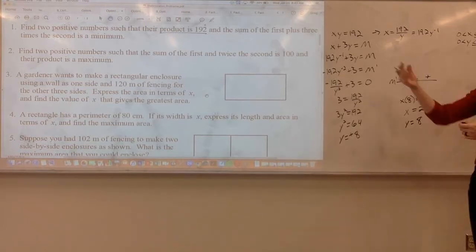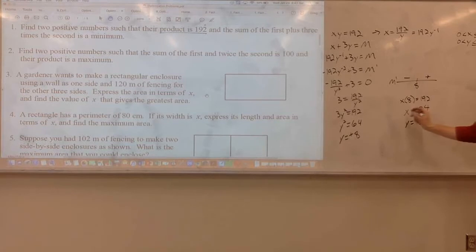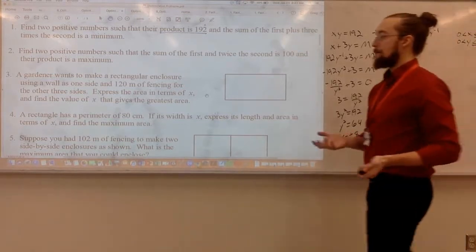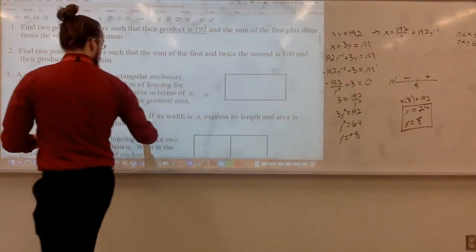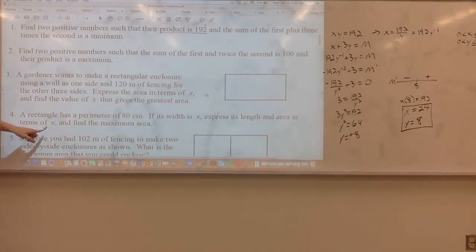Here, it just says find these two positive numbers, so that's my answer. Sometimes, like on number 4, it says find the lengths and the maximum area, so we would need to make sure that we're answering what the question is asking. In this case, for number 1, it's just those two numbers, 24 and 8.